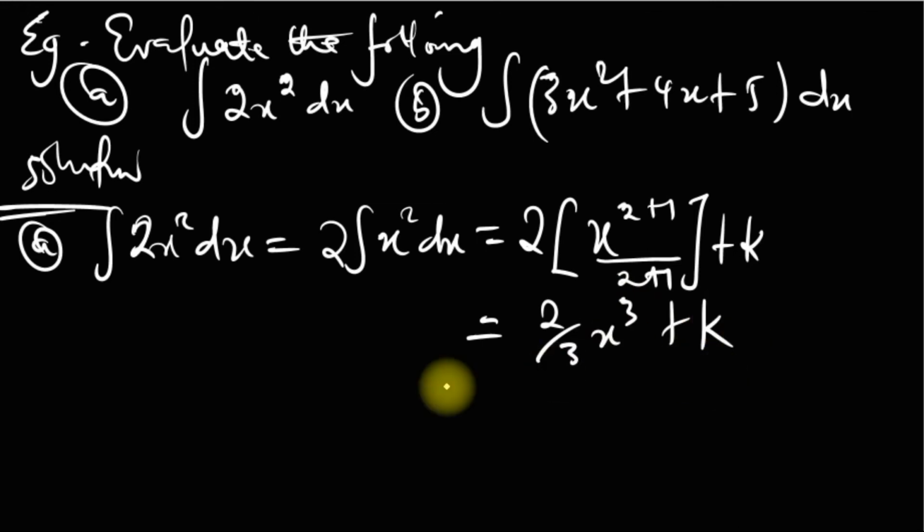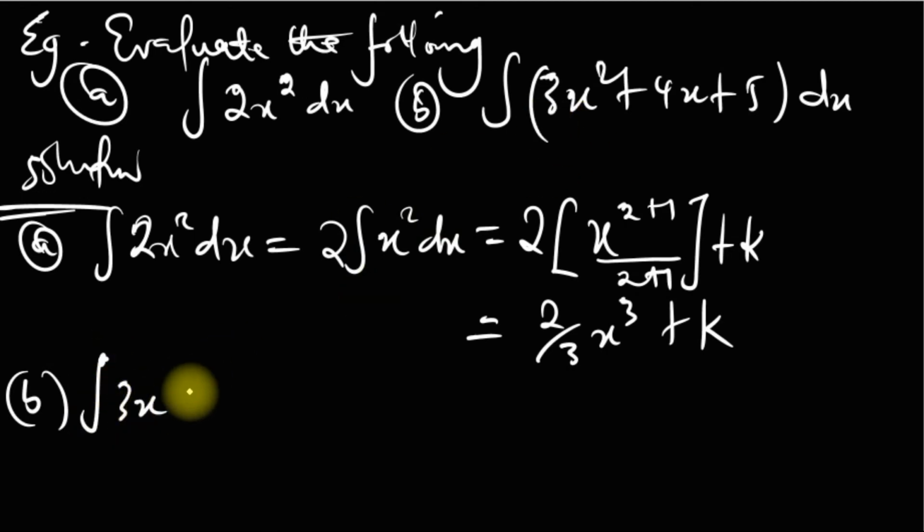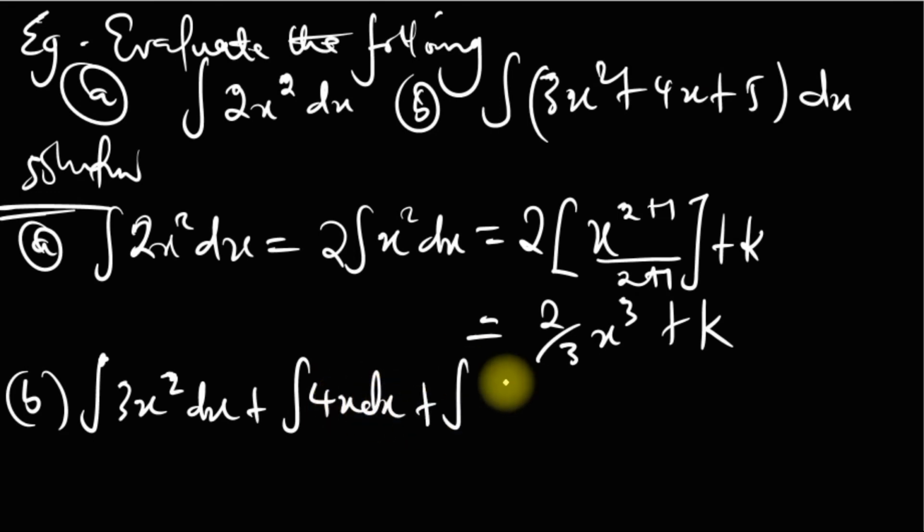So that's our evaluation. So the other one, remember this now, it has more than one term, so we just integrate each. So it's now integral of 3x squared dx plus integral of 4x dx plus integral of 5 dx. Just integrate each of the terms.